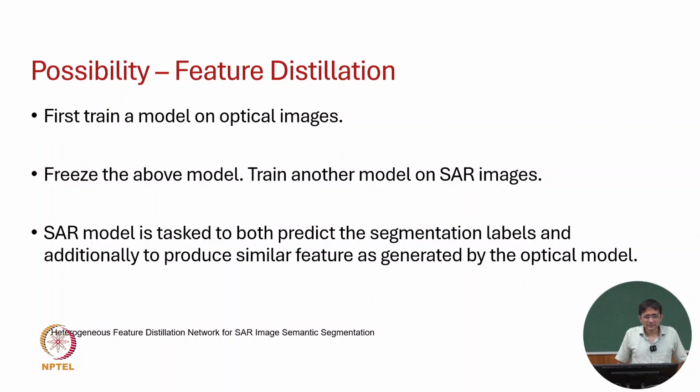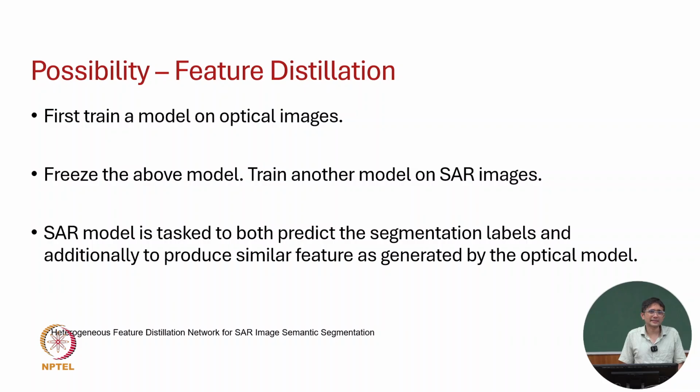So here is one possibility which we will also expand a bit in this week itself. That is feature distillation. Often we first train a model on optical images, and then we freeze that model. Now let's say our target is to train a model on SAR images.